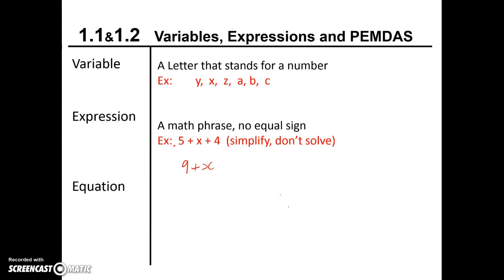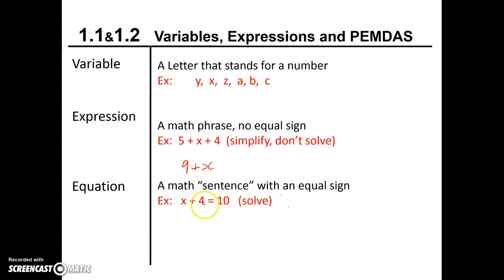Now, what is an equation? An equation is a math sentence with an equal sign. For example, if you had x plus 4 equals 10, we need to solve this. So, how do we do this? I'm going to place my equal sign directly under my previous equal sign, and I'm going to do the same thing to both sides.